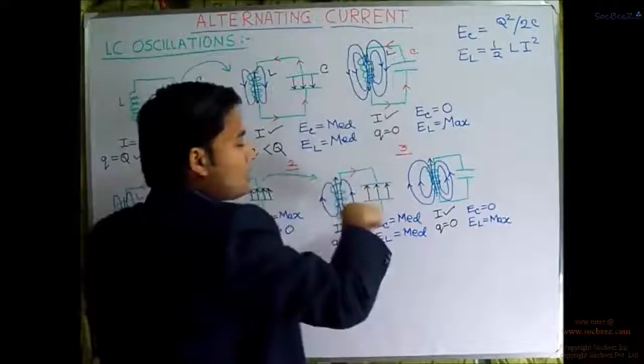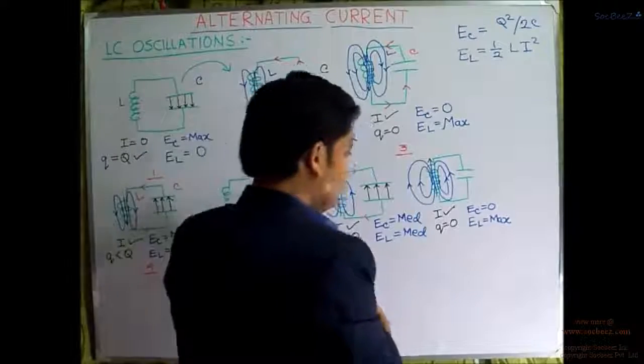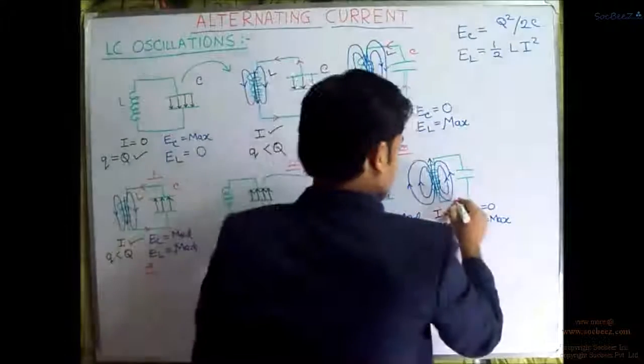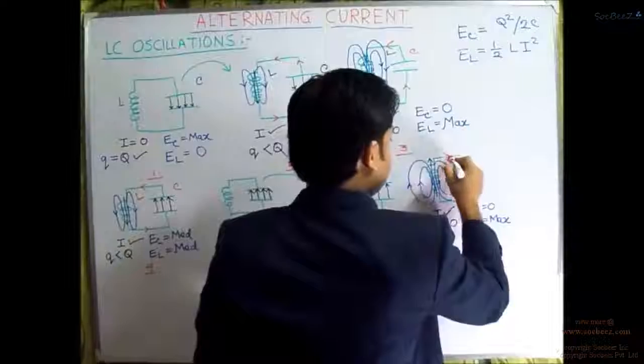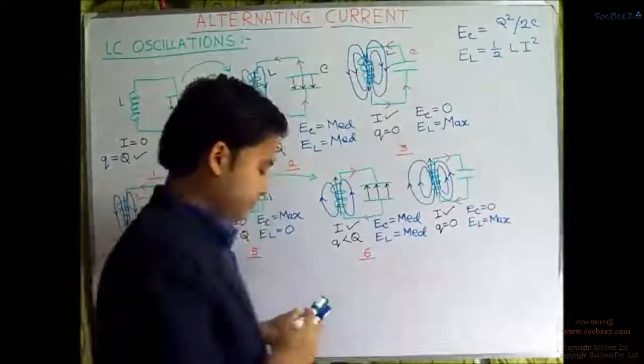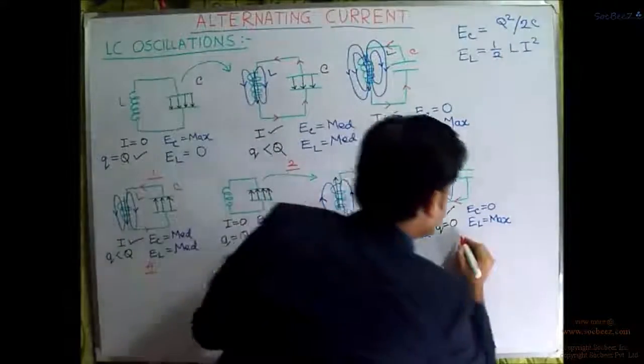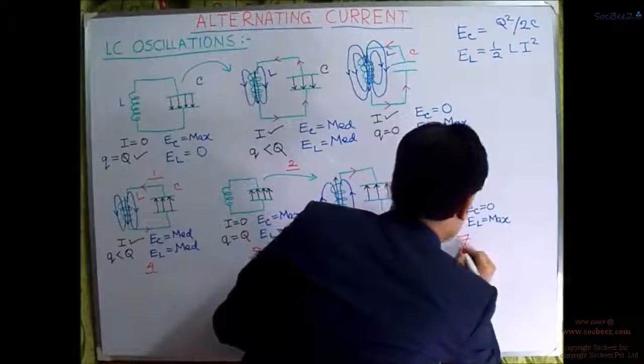This is anti-clockwise, this is clockwise. So the current shall start to flow from this. So this is the seventh scenario.